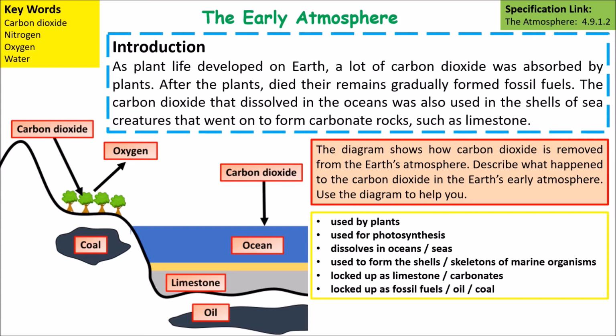If we were talking about reducing carbon dioxide, you could talk about it being dissolved in the oceans and seas, or being locked up in the skeletons of marine organisms, which would eventually form limestone, or could form other fossil fuels such as oil or natural gas.